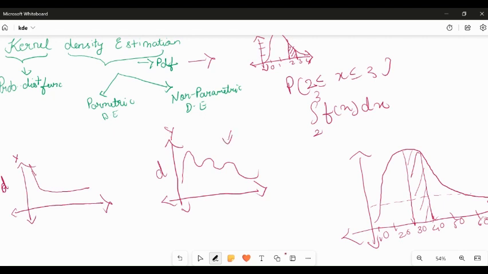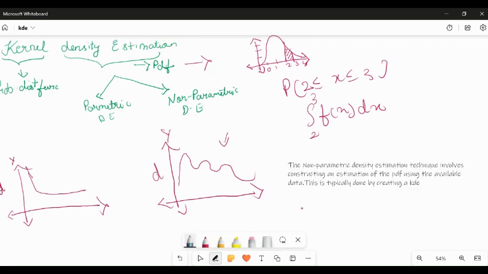It is also referred to as non-parametric density estimation because it does not require the use of a predefined probability distribution function. The non-parametric density estimation techniques involve constructing an estimate of the PDF, the probability density function, using the available data. This is typically done by using a KDE.